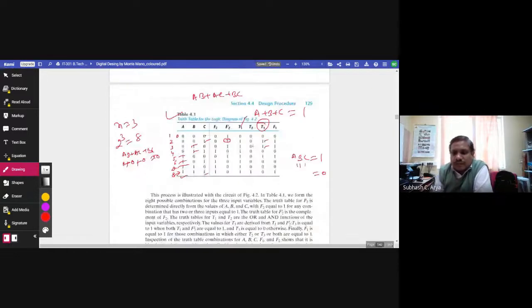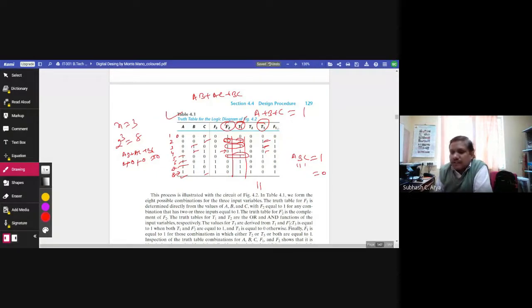So inputs are T1 and F2 complement. T3 will be 1 when both inputs are 1, 1, and this and this. So that we have 1. For this case, one is 0 and another one is 1, that is why it is 0. Here again 1, and no other cases where T3, T1 and F2 bar is 1, 1. So this is how we can write T3.